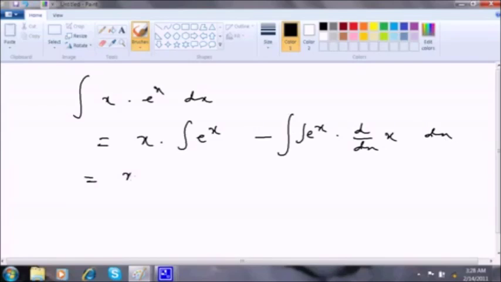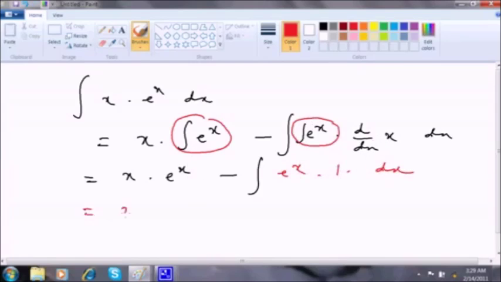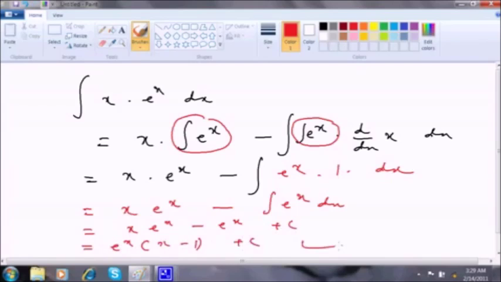So this is x into e to the power x minus, you can easily make out this quantity is the same as that quantity, so it will come here. d by dx of x is 1. So this is x e to the power x minus integration of e to the power x dx. e to the power x into 1 is e to the power x. So this is x into e to the power x minus e to the power x plus c. e to the power x you can take common: this is x minus 1, plus c.